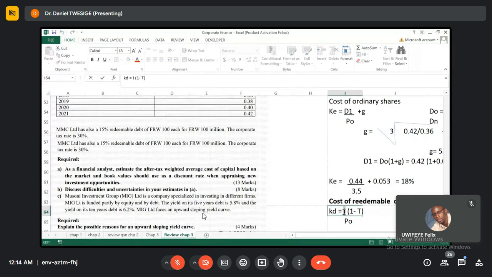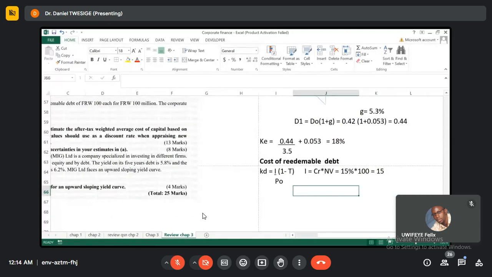But since I have no... it means my I will be equal to my coupon rate times the nominal value, which is going to be 15% times 100, and I think we shall get 15 as the I.